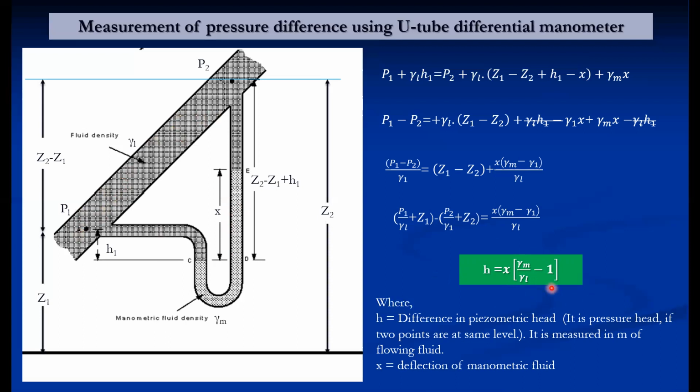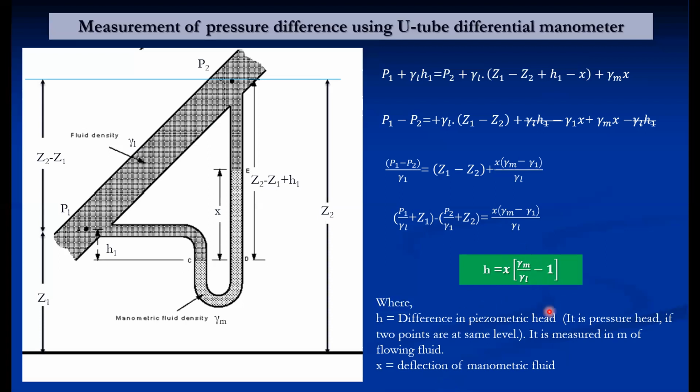The same expression can be used in terms of specific gravity, because if we divide both sides by gamma, gamma is the specific weight of water. So gamma m by gamma is Sm, gamma L by gamma is Sl. As per the definition of specific gravity, it is the ratio of the specific weight of any fluid to the specific weight of water.